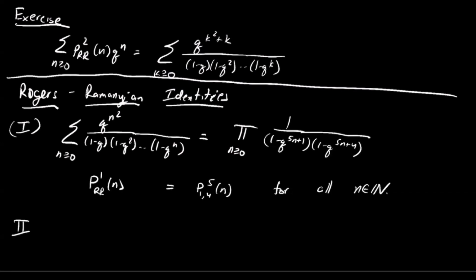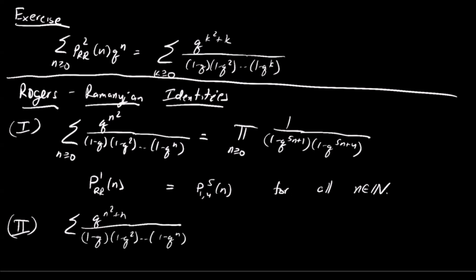Then we have the second identity as well. The second identity states that the sum of q to the n squared plus n over 1 minus q squared up to 1 minus q to the n is equal to the product. You could probably guess at this point what this is.